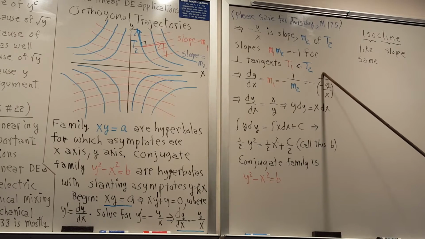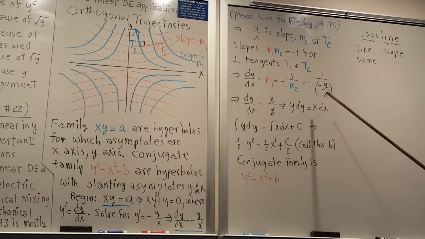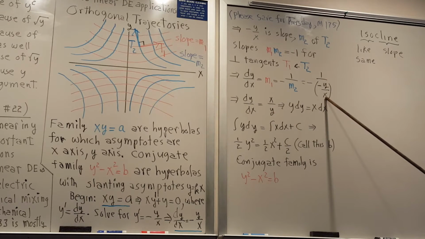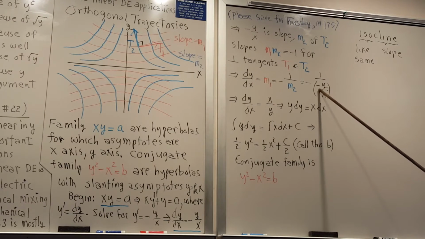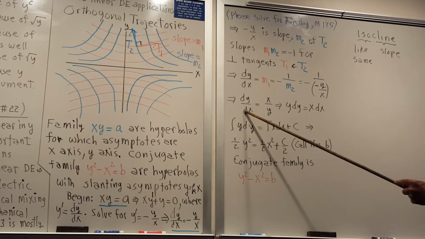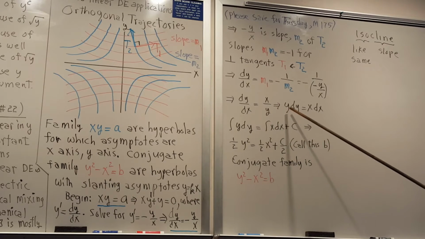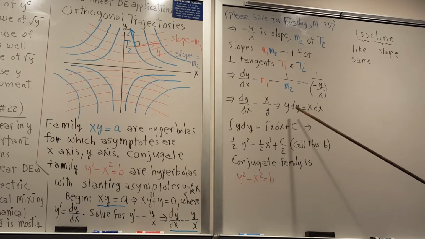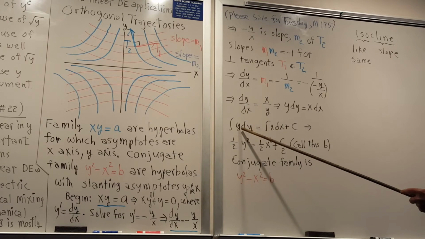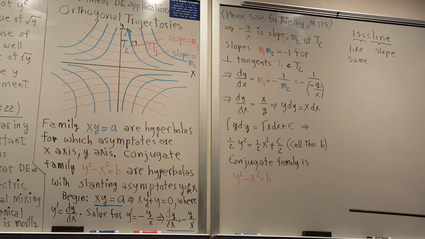So -1 over the slope here for the first family, the blue ones, minus y over x. So the minuses cancel, and you get, for the red family, dy dx is x over y. You can separate the variables there and get your conjugate family.